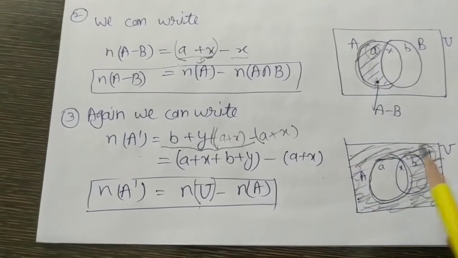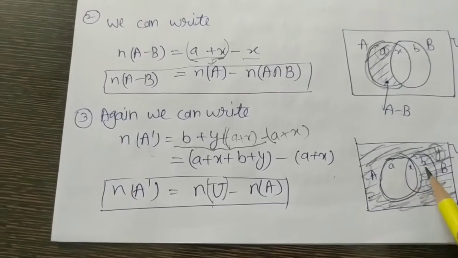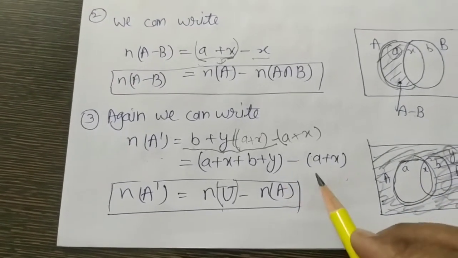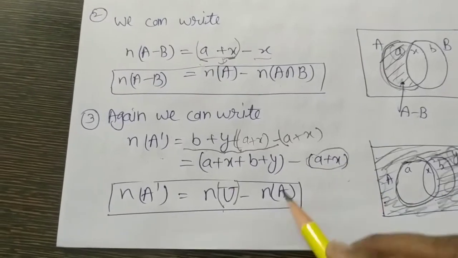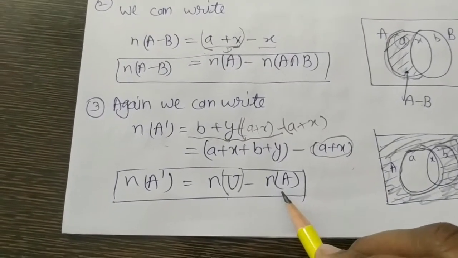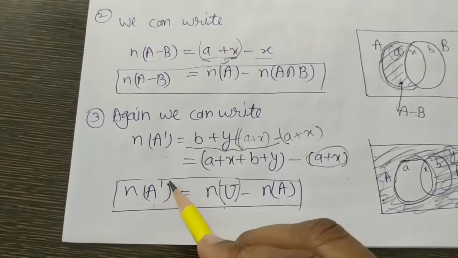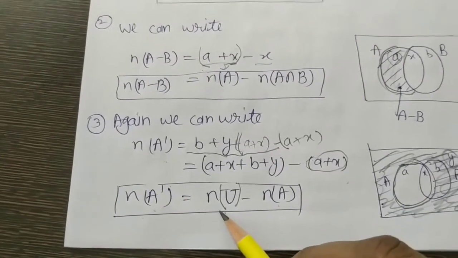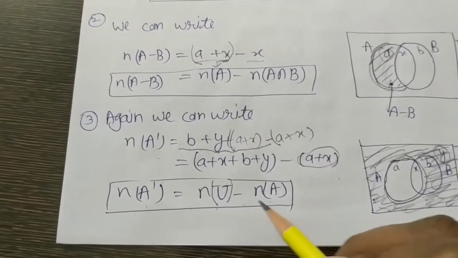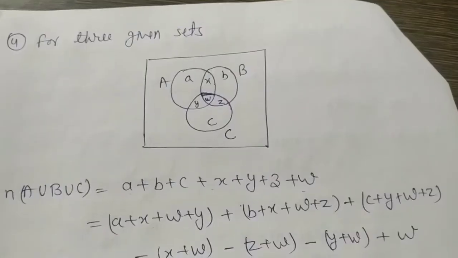In universal set we have element A, X, B and Y. And this A plus X is number of element in A. So number of element in A dash will be equal to number of element in universal set minus number of element in A.